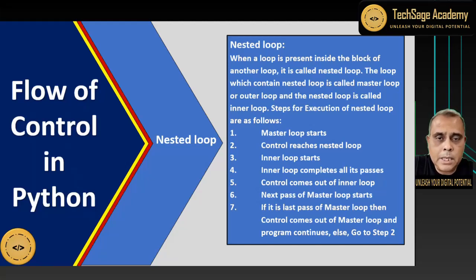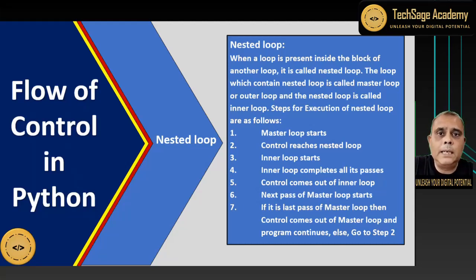Again, the incrementation takes place. If the condition is true or if it is inside the range, the loop executes. This process continues for the inner loop till either the condition becomes false if it is a while loop, or the range is exceeded if it is a for loop.